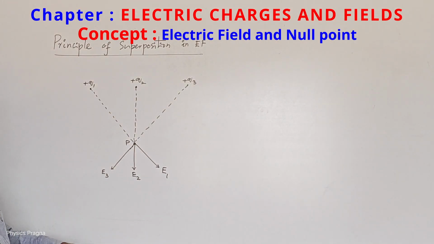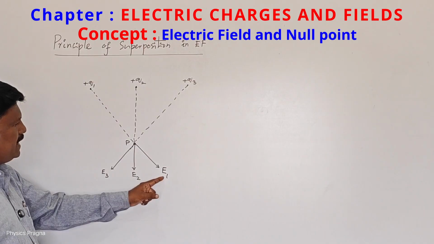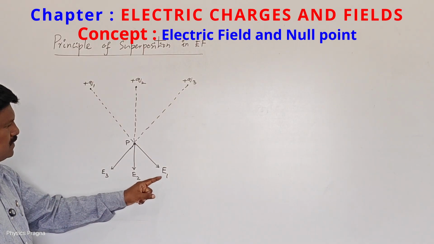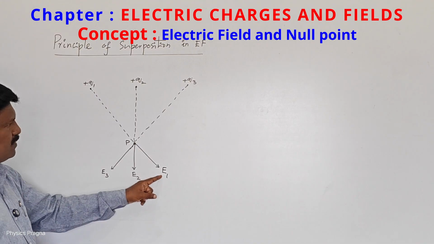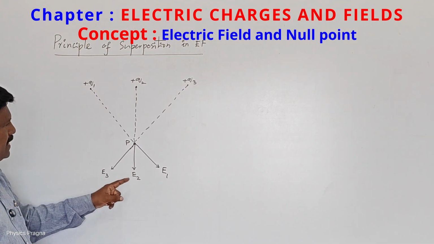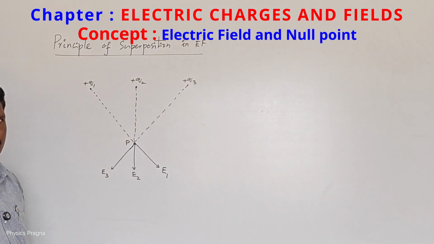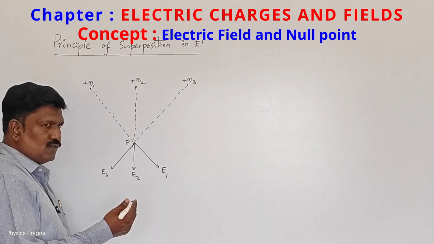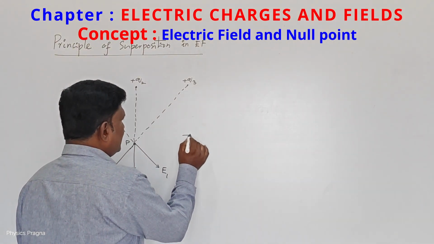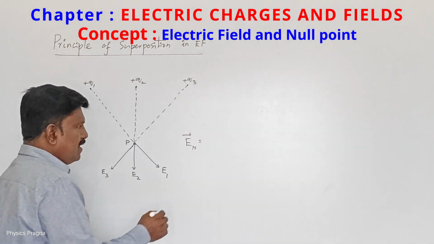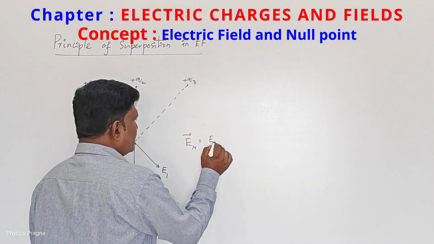So these are the electric fields acting at P. The E1 electric field won't be disturbed by the electric fields E2, E3 because of other charges. So according to the superposition principle, the net electric field is equal to the sum of the electric fields at a point.